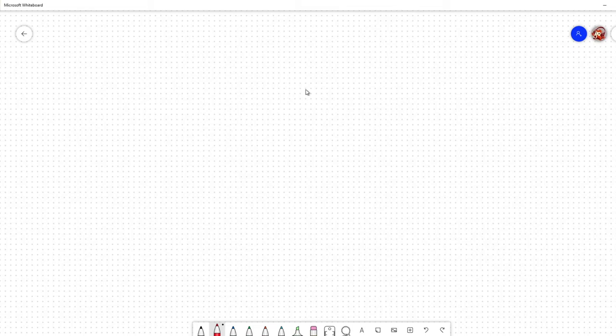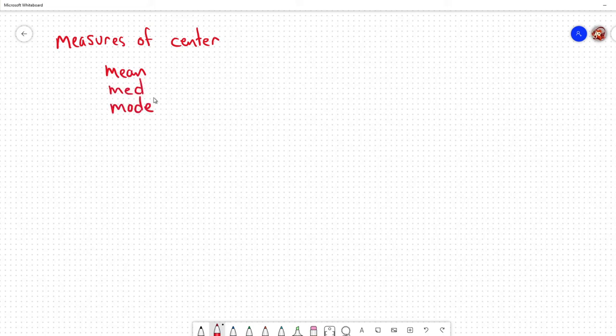With measures of center, there were three types that we remember from algebra, but in AP Stats we're really going to concentrate on two of those three. Center: mean, median, and then mode. So we're going to concentrate really on these two here.